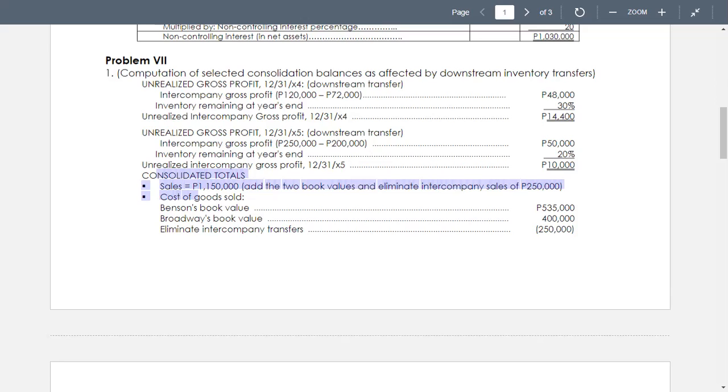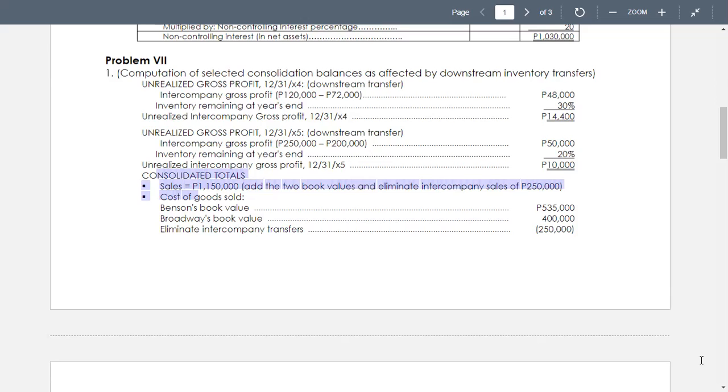That's the inventory remaining at year end. And we multiply that to 48,000. The unrealized intercompany gross profit by December 31, 20x4 is 14,400.